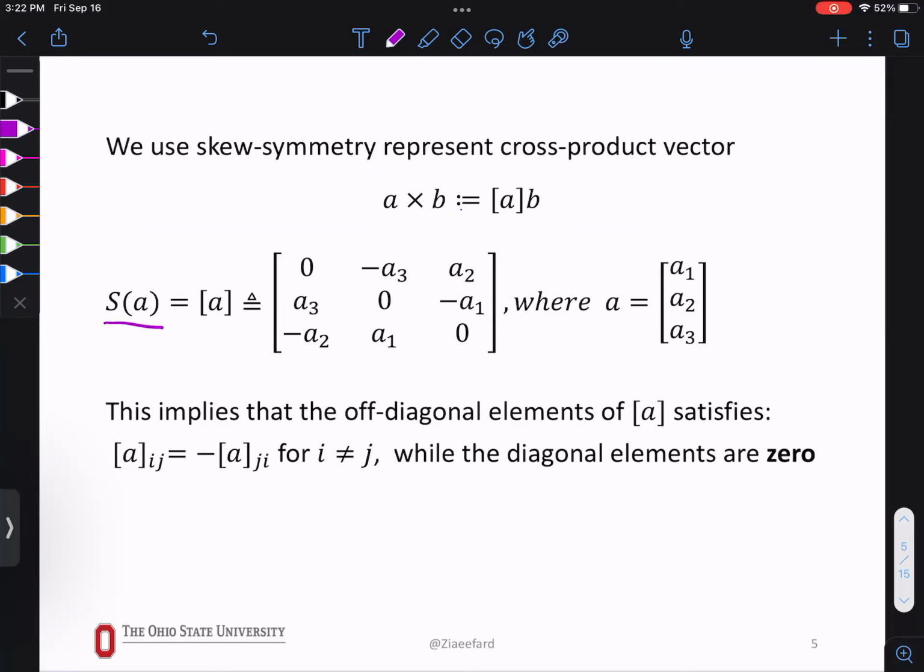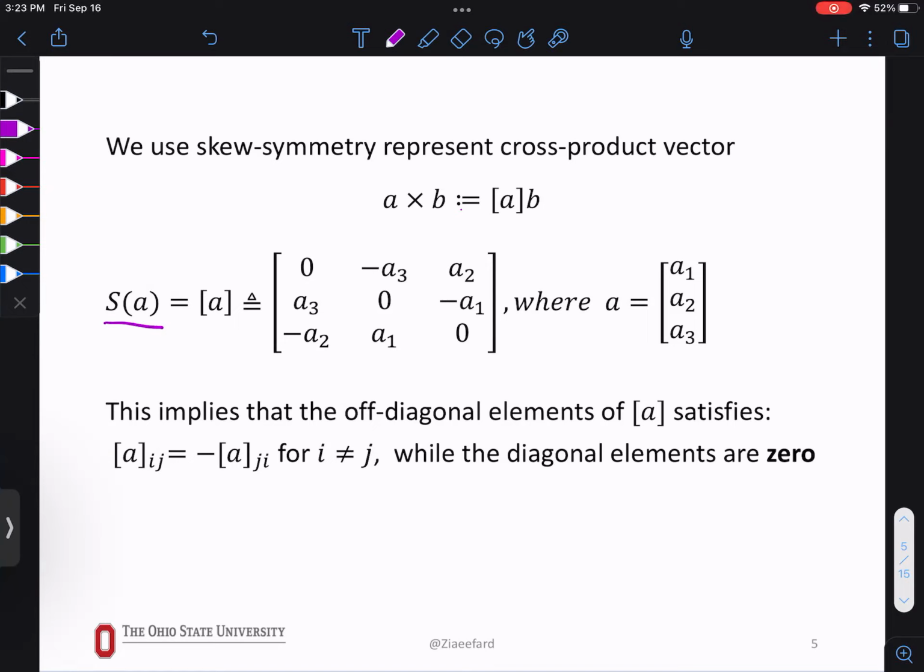Then you can define S of A, or you might see it in bracket A, equal to this, where your A is defined as A1, A2, A3, meaning you have 3 components, and this is how you distribute the components to form your skew symmetric matrix. This is a new definition, something you fabricate.